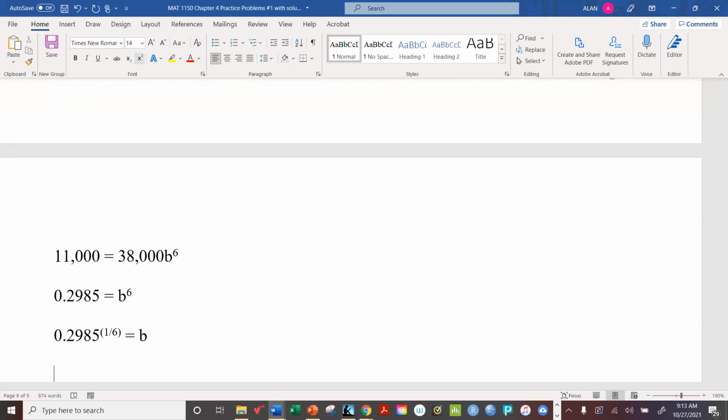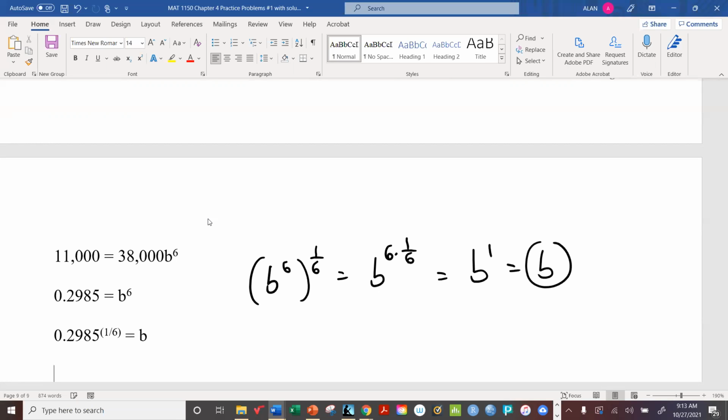Because remember, okay, and so if you take out your calculator, 0.2985 raised to the 1/6 power is approximately 0.8175.